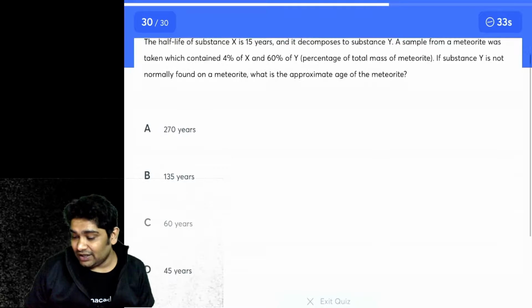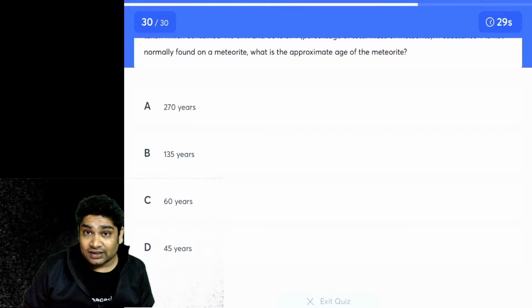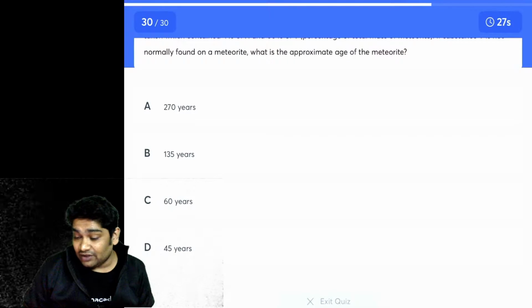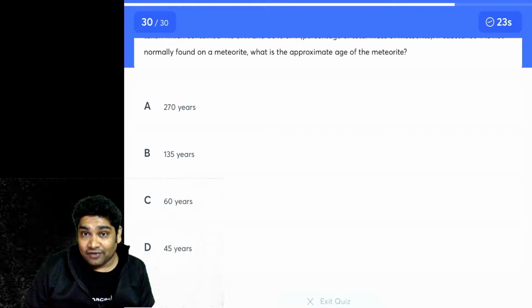What do you think is the age of the meteoroid? Is it A, 270 years? Is it B, 135 years? Is it C, 60 years, or is it D, 45 years?